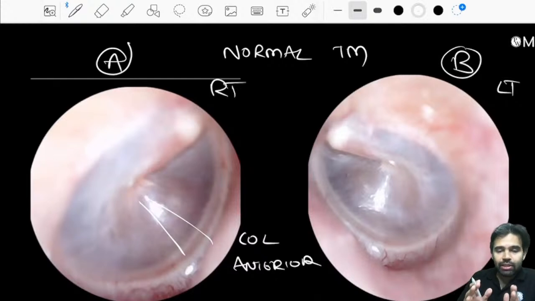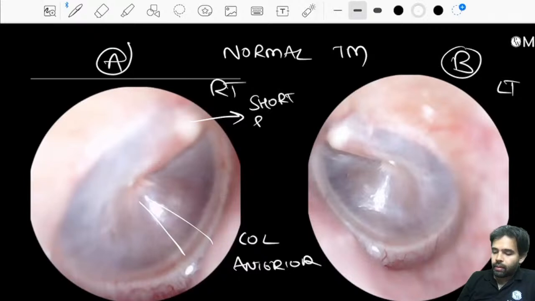Now the most stable anatomical marker which will be there, which will be pointing anteriorly, you can see it over here. This is the short process or lateral process, it's the same thing, of malleus.